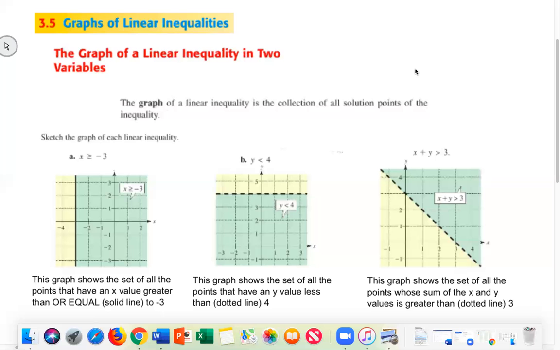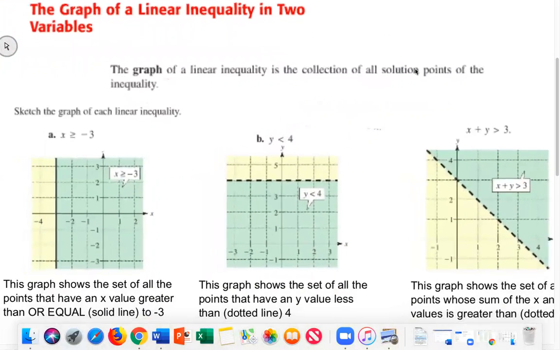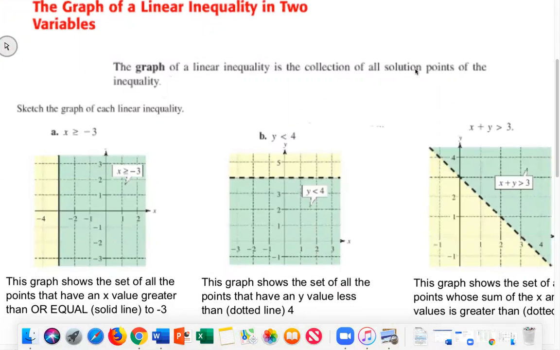So let's talk about what our answers are going to look like. The graph of a linear inequality is going to be the collection of all points. So it's going to be a shaded region. It's either going to be above the line or below the line. I'm going to be talking about that a lot.